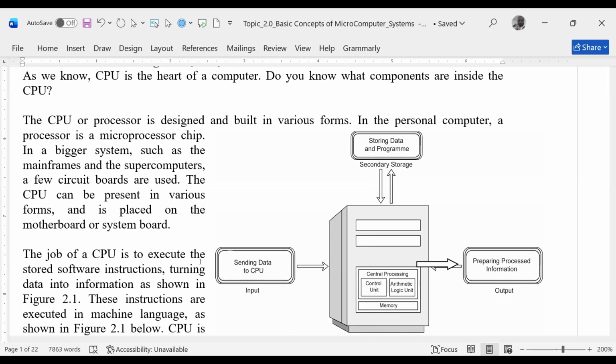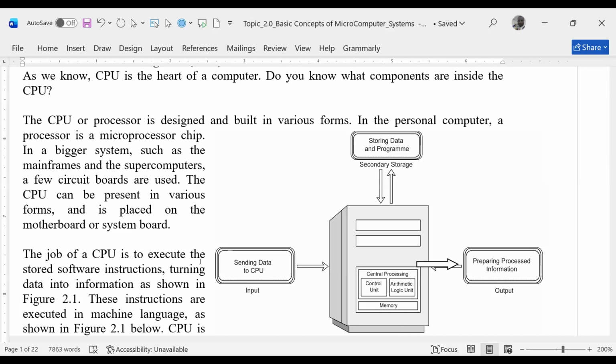But in a bigger system, like a supercomputer or mainframe, the main component that converts data into information is called a circuit board. But in our microcomputer system, the component that converts data into information is called the CPU chip, processor, or microprocessor. Good.